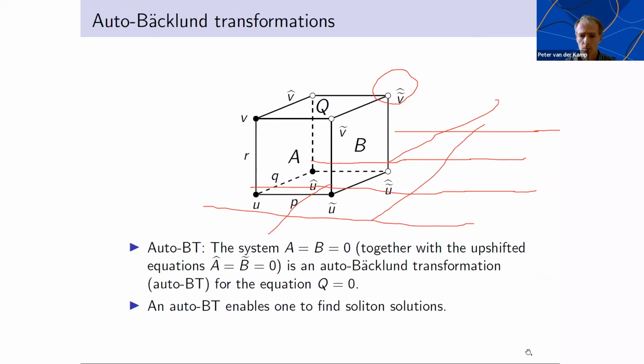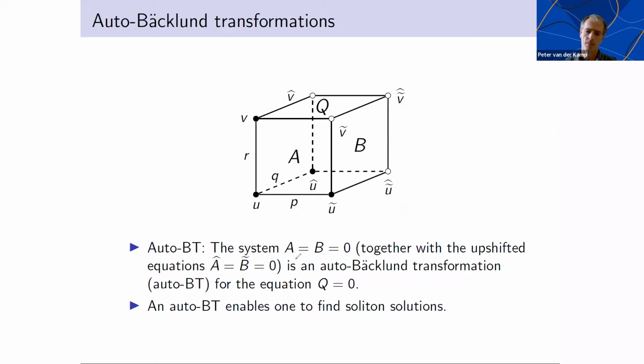Okay, so this is the same picture, but we have another interpretation here. We can think of the system A and A on the back face as well, and B on the right face and B on the left face as well, as these 4 equations forming an outer Backlund transformation.